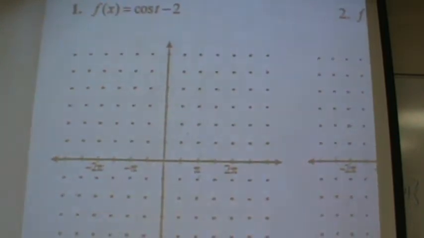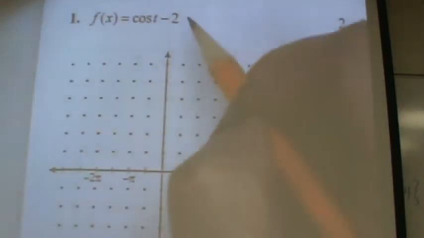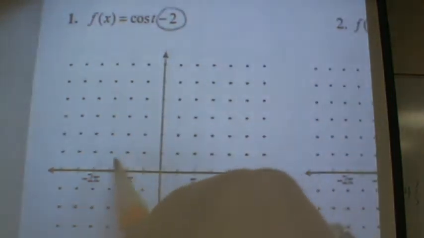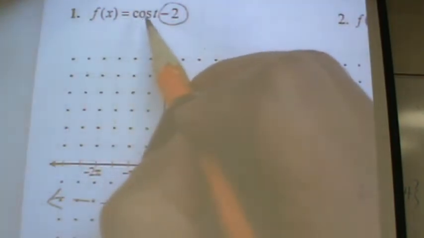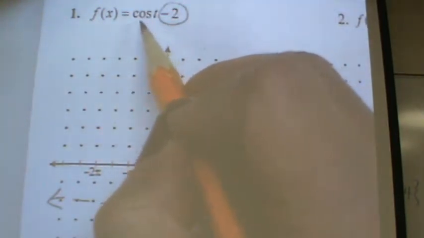Okay. So what you're going to do is first look at your new x-axis at -2. You're going to draw a broken line at -2. And it's the cosine graph. The amplitude of this is 1.